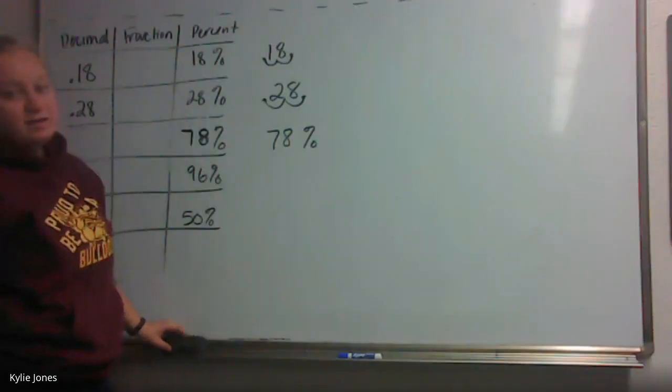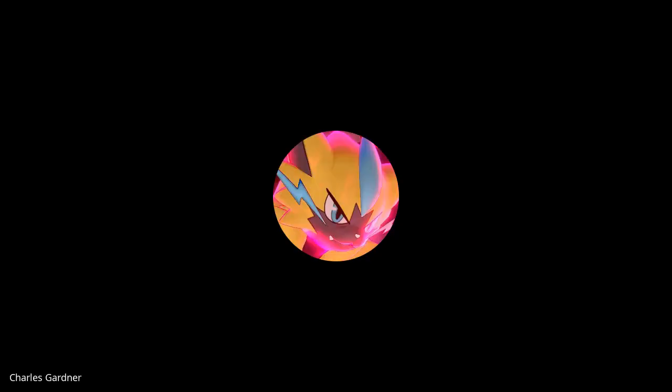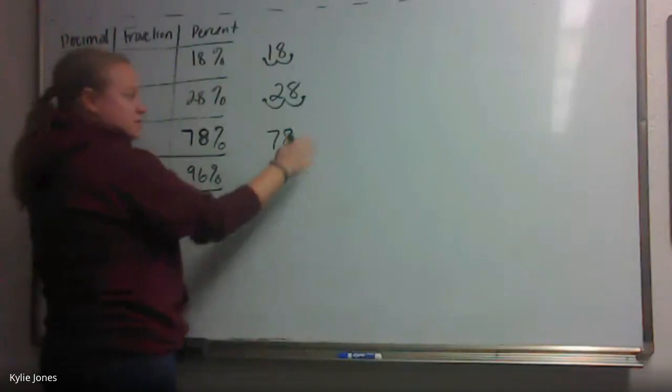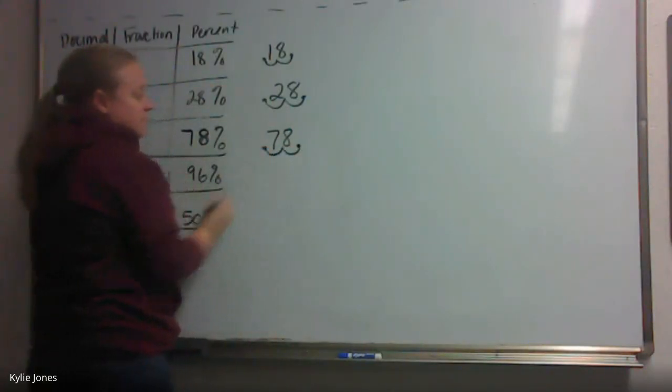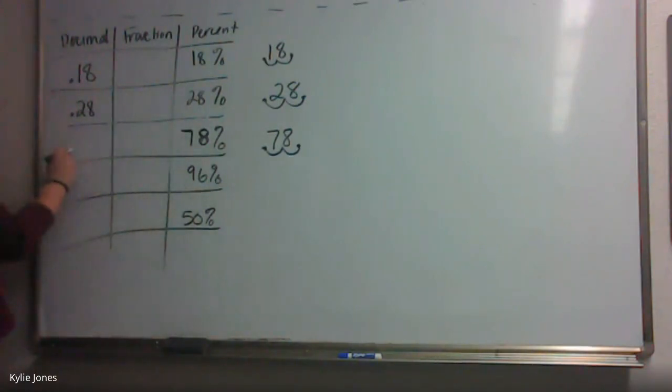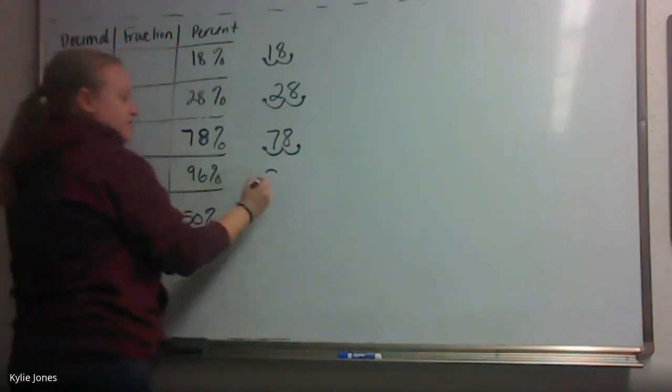How do I do that? Put a decimal behind the 8 and move it in front of the 7. Good. Okay, so we get rid of the percent sign, take our decimal, move it 2 places to the left. So you should have gotten 0.78.